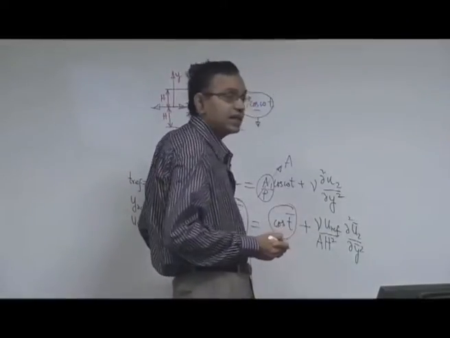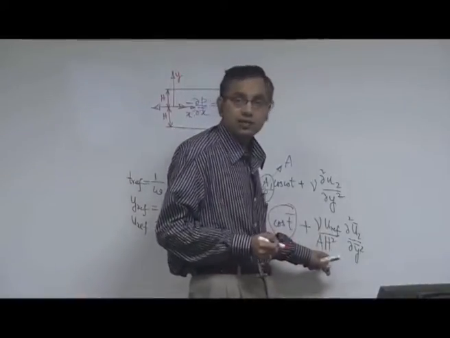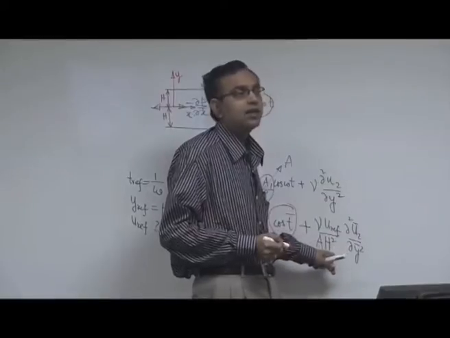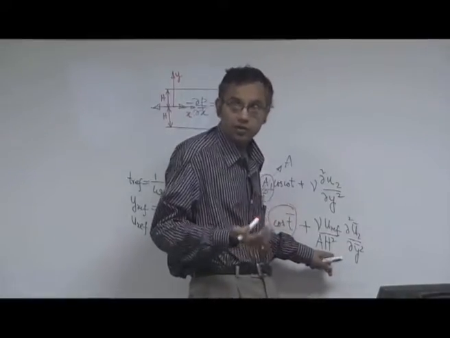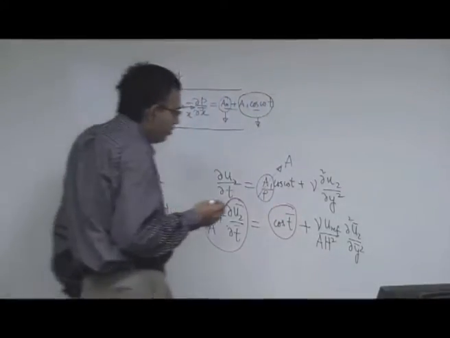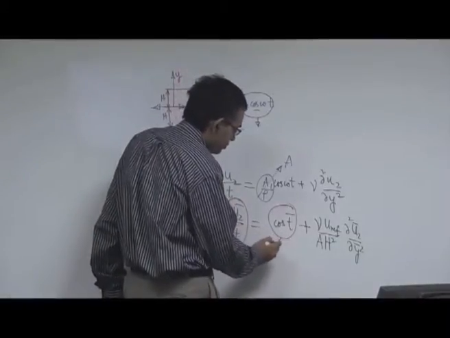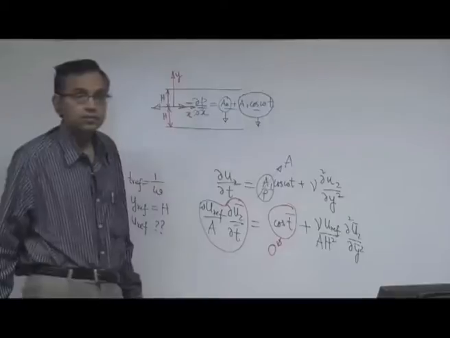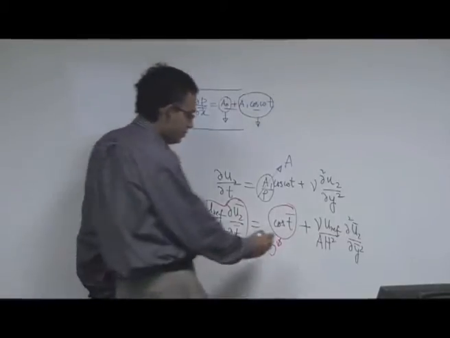Towards dictating this unsteadiness, whether viscous effects are important or not will be dictated by this term. That may be important, or may not be important, we do not know, we have to figure out. Now, what is the order of this term? This is of the order of 1, right.